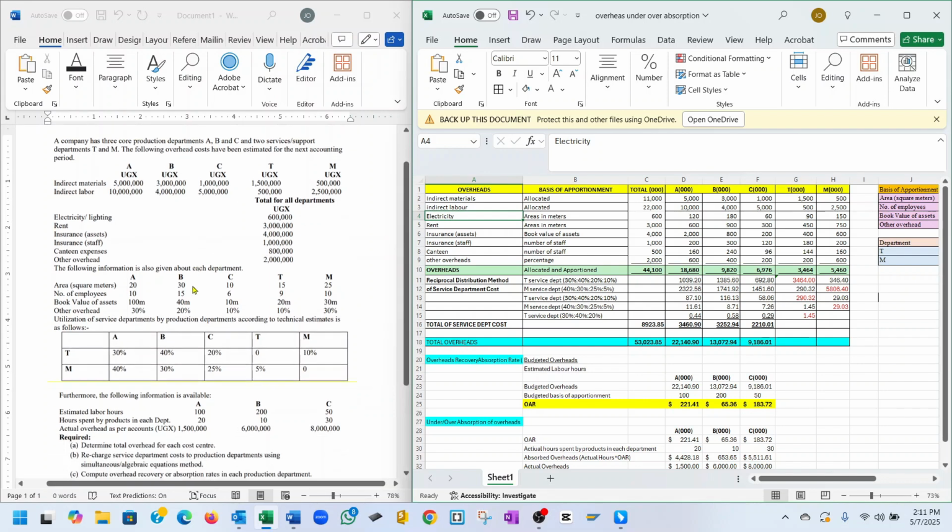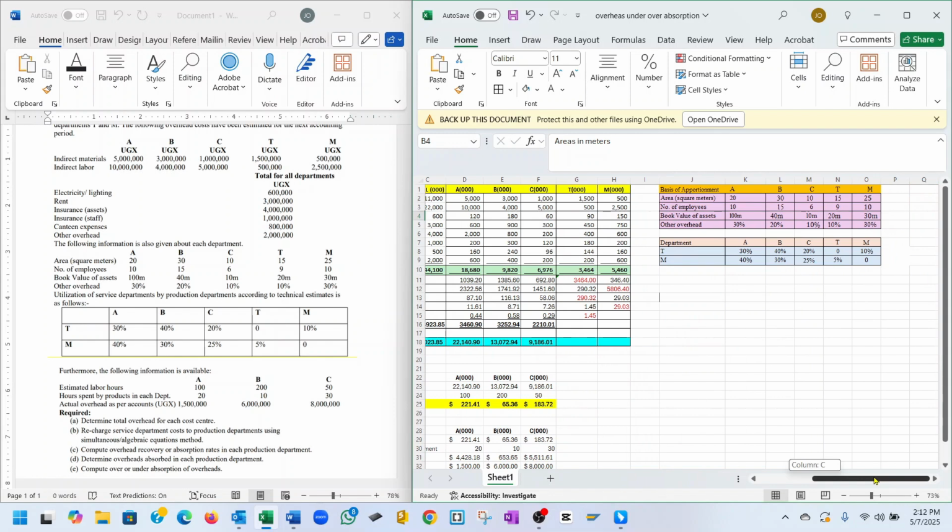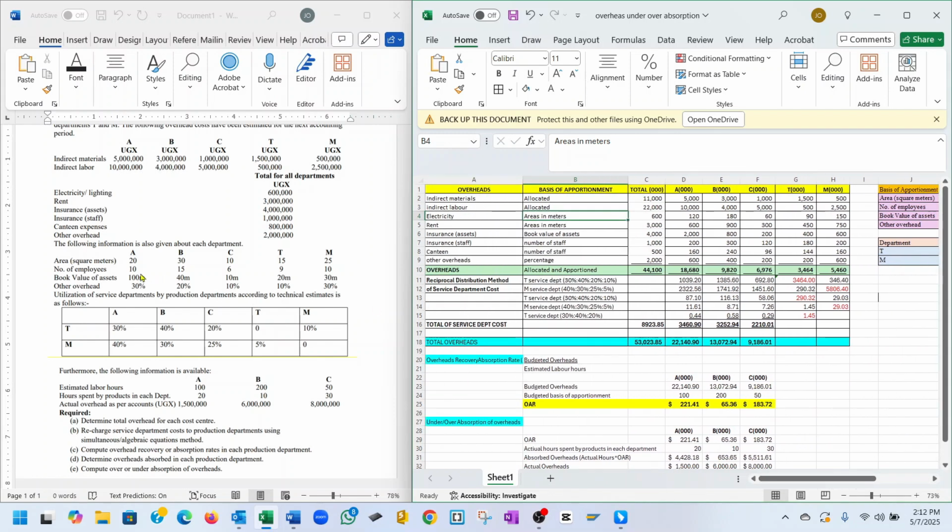It's here that we have to come to the basis of apportionment given here in the question. Now, electricity is shared by the area or in square meters. So we allocate its area in square meters. Now, when you come here, you see that the area in square meters, 20 square meters for A, 30 square meters for B, 10 square meters for C, 15 and 25 for T and M respectively.